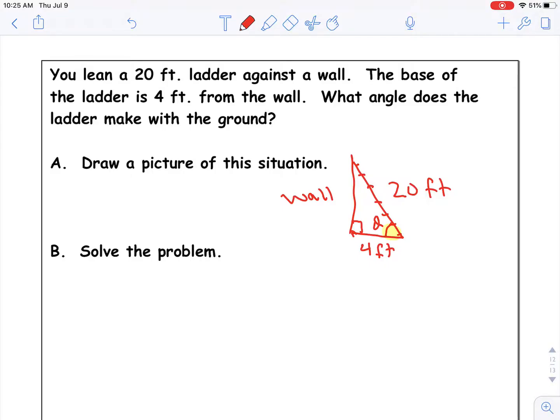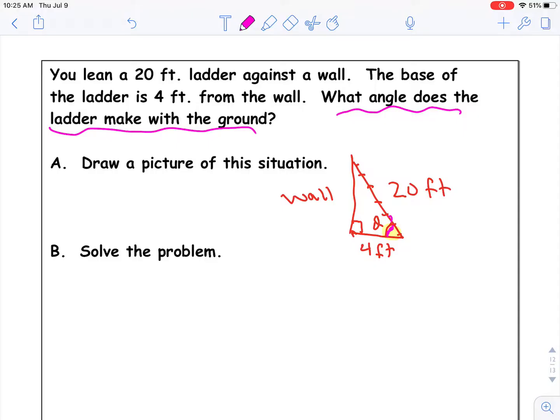So that's the picture we have. And of course, the wall makes a 90-degree angle with the ground. So we can use trig. And the wall is the side opposite. So we can take opposite over, well, we're not trying to find the length of the wall. Sorry. We are trying to find the angle. So I went back to reread the question.